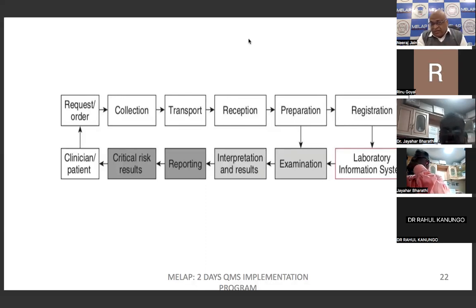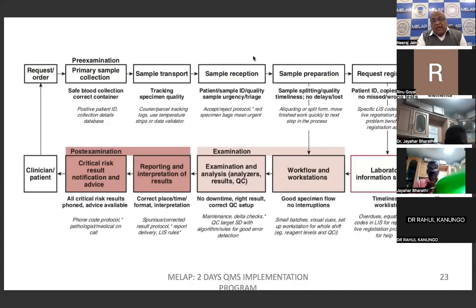Now, what is a procedure? How you will carry out a particular activity. Like how you will collect the sample, you need a procedure for that. How you will transport the sample, you need a procedure for that. Sometimes you need to develop some process within the process also to carry out something more effectively.